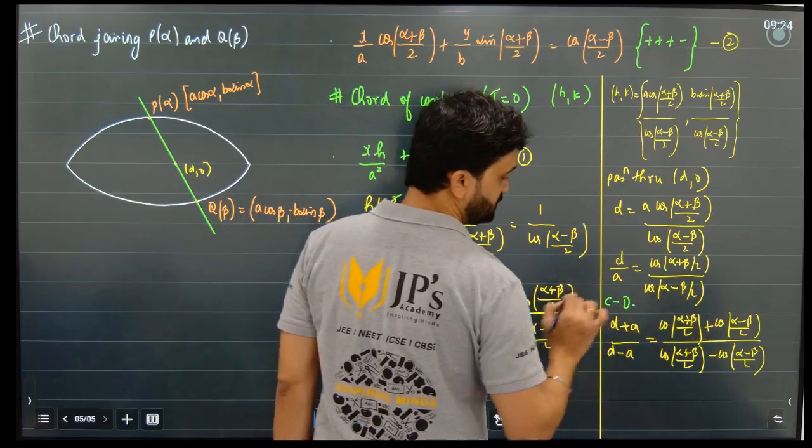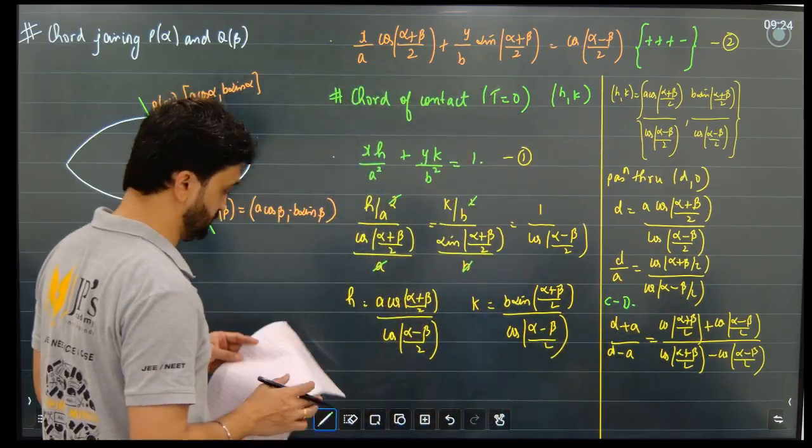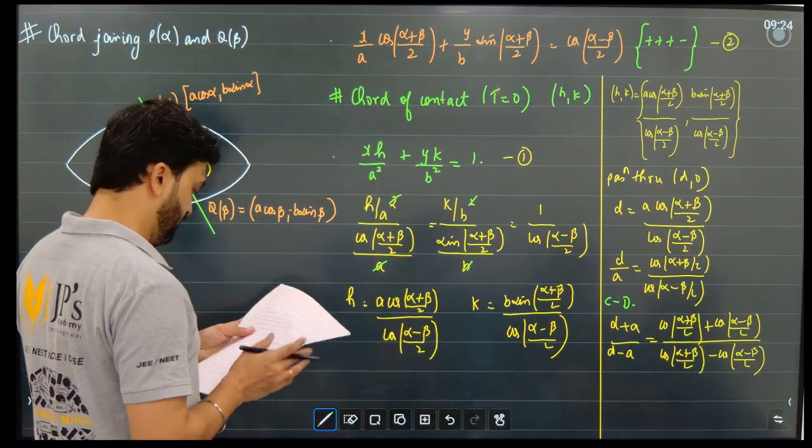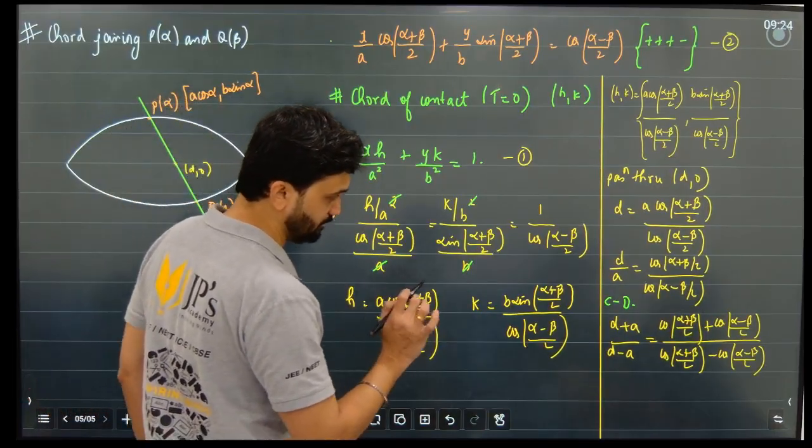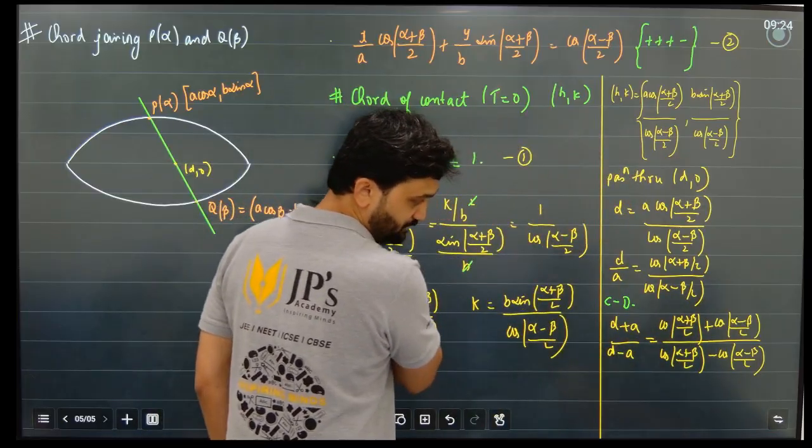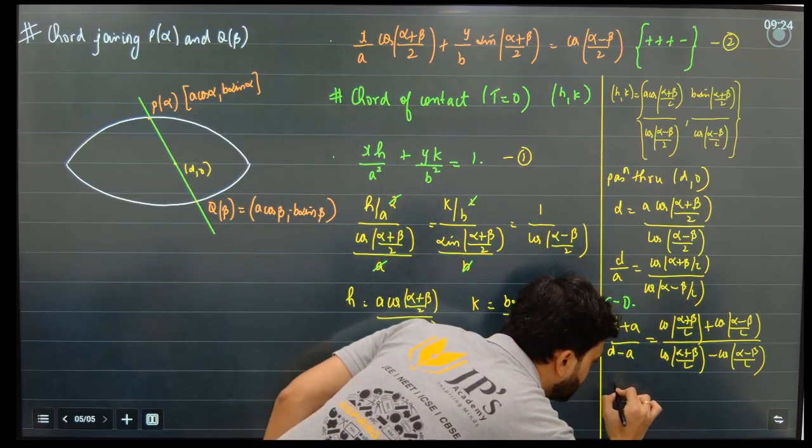This is cos C plus cos D, and this is cos C minus cos D. Now, if I simplify this, guys, I will get something like this. And if I simplify this further, I will get something like this.